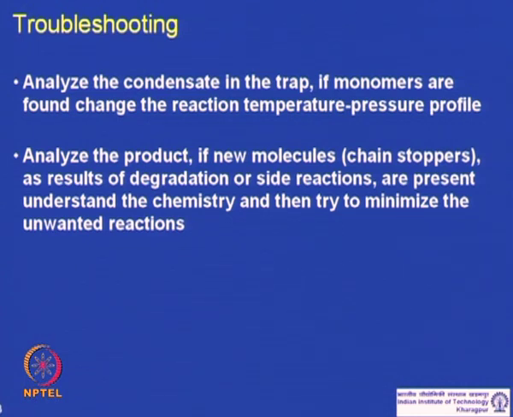If the product is colored, or if by analyzing the reaction mixture at the end of the reaction you find there are new molecules, and especially look for the chain stoppers, which are monofunctional molecules. If you find them, it is a result of degradation or a side reaction.